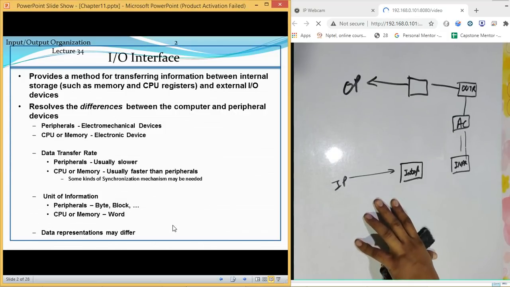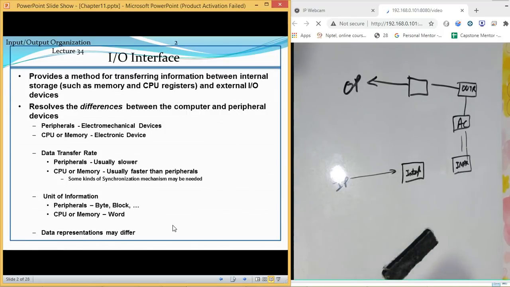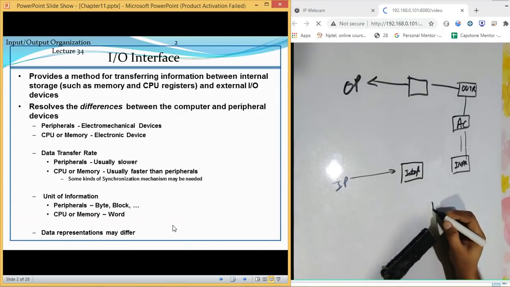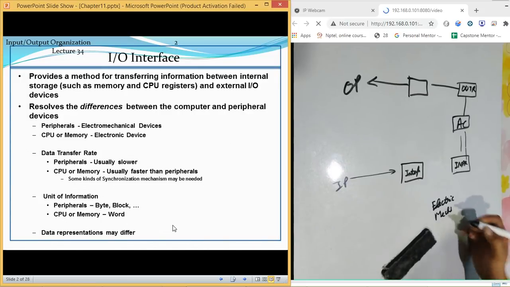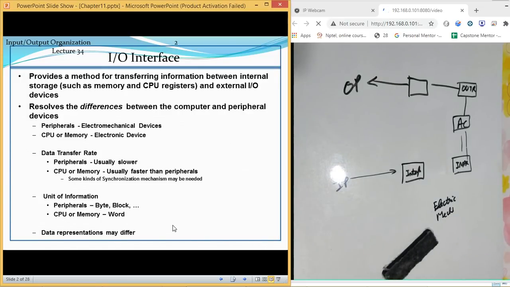Now what is it? It is a device which includes a part of electric or electronics and mechanical parts as well. If you talk about the keyboard, the keyboard has an electronic part in it. It also has a mechanical part, like pressing of a key.